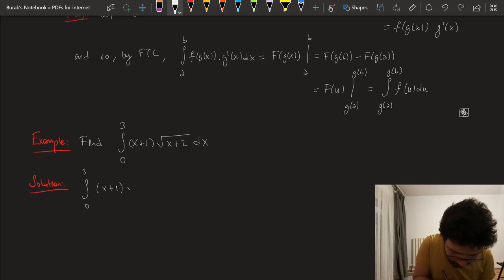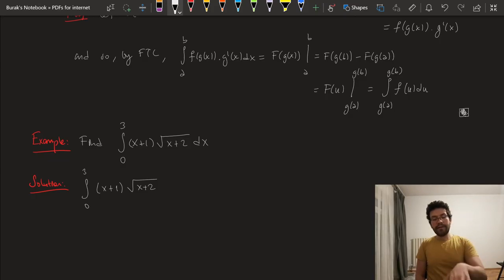Why? You see, the problem with integrating this is, okay, let me ask this. Why can't I integrate it without doing any substitution? Because I don't know how to integrate square root of x plus 2. I know how to integrate square root of x because it's of the form x to the power p.